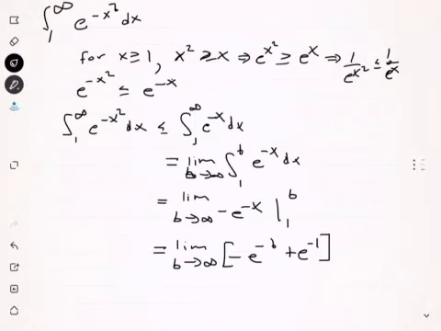When you take the limit you get e to the minus 1, or 1 over e, whichever you prefer. But anyway, by the direct comparison test, this integral converges.